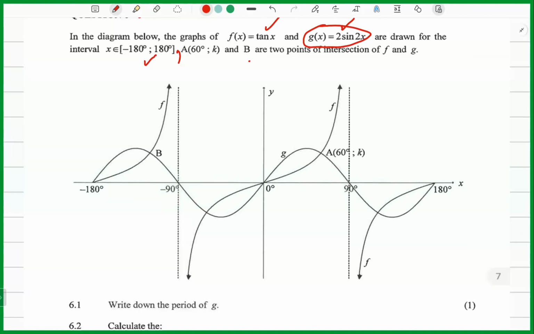So what is the period? The period of this is exactly 360 degrees divided by the absolute value of the coefficient of x.